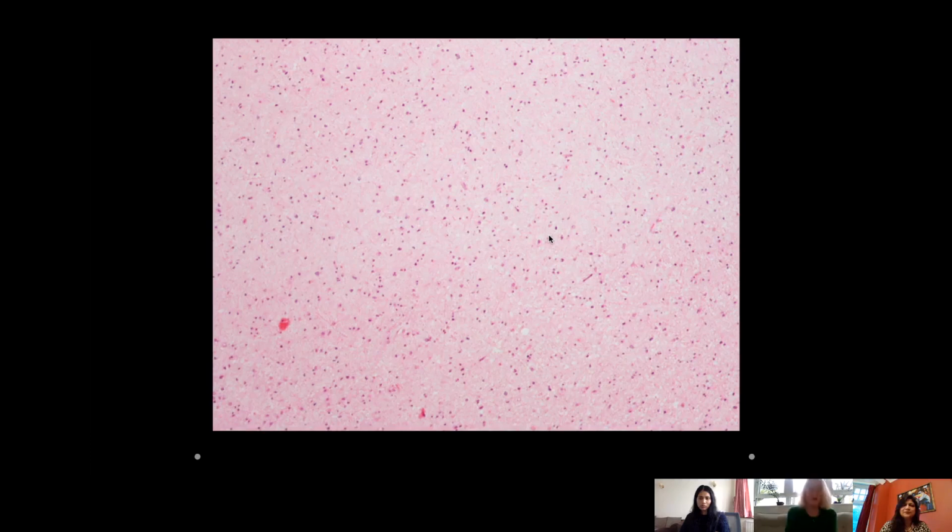So at low power, we see a lesion of moderate cellularity. Often my students say it looks almost like a normal brain, just a bit busier. The cells are quite blunt, and there is a fibrillary background.